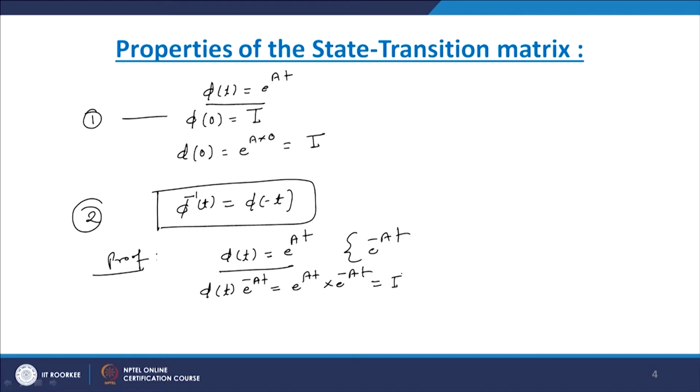Now, our main purpose is to get phi inverse of t equal to phi of minus t. What will you do? We will pre-multiply both sides by phi inverse of t.